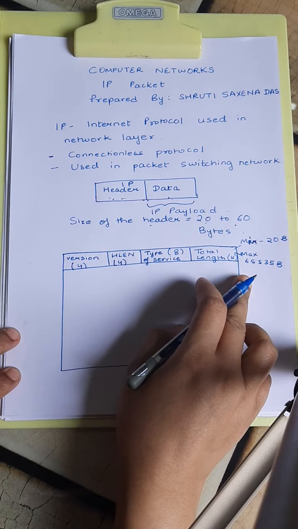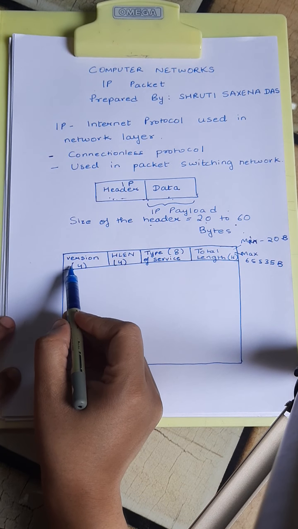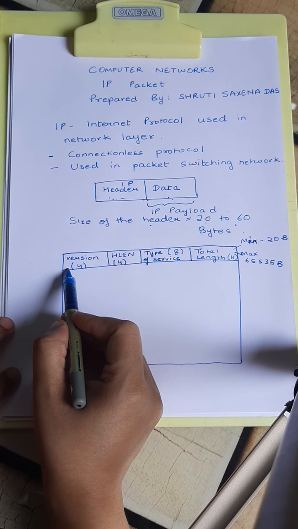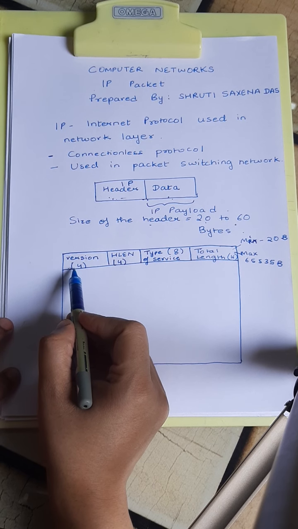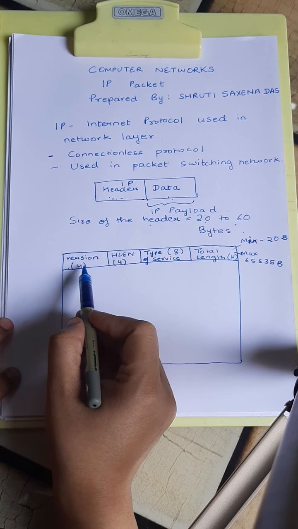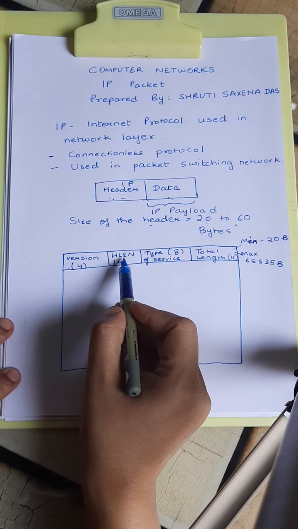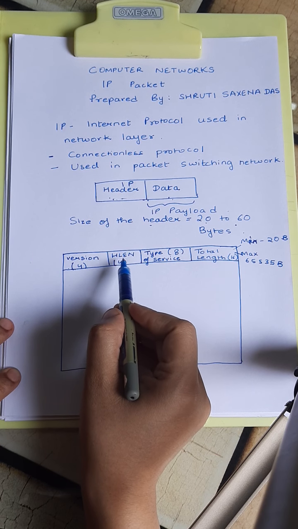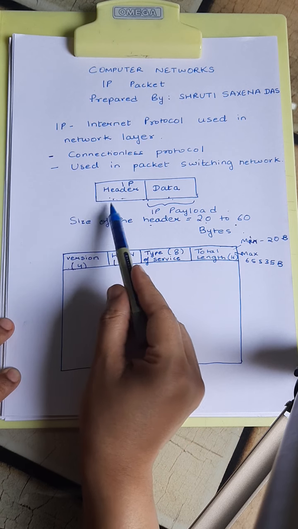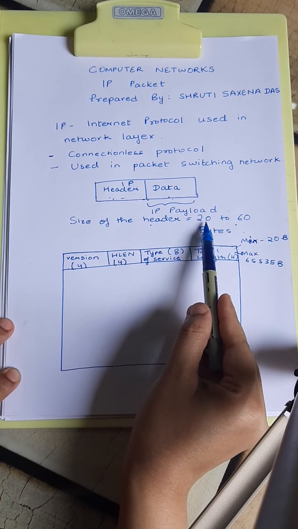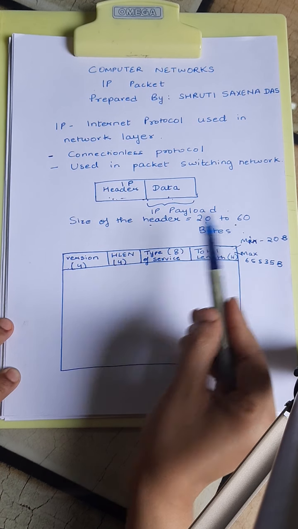So this was the first row, in which the first field tells us the version, which IP version you are using. In this case we are using IPv4, that's why the value will be 4. The second field is HLEN, the length of the header, which can be from 20 to 60 bytes.